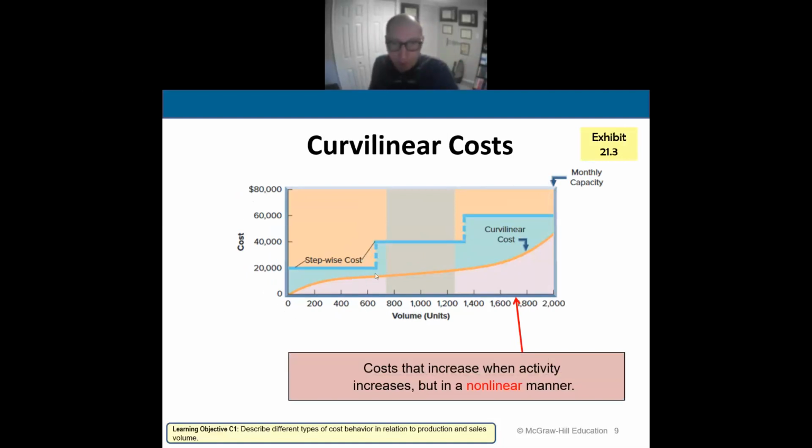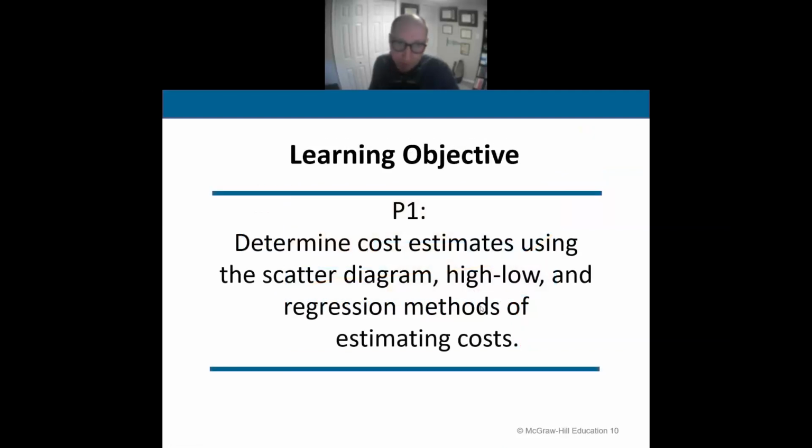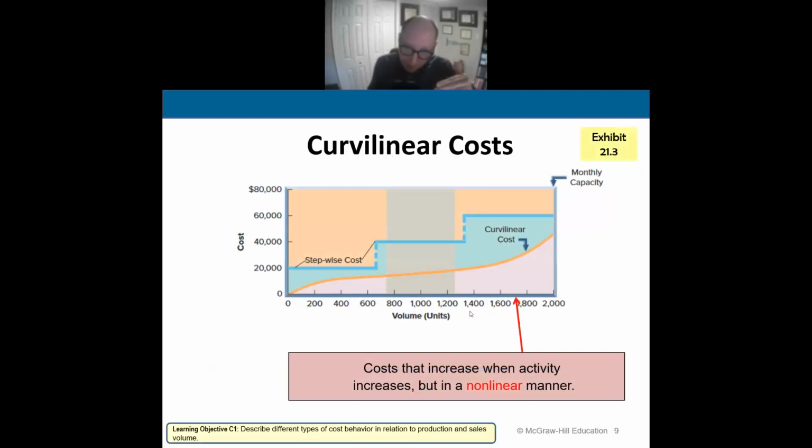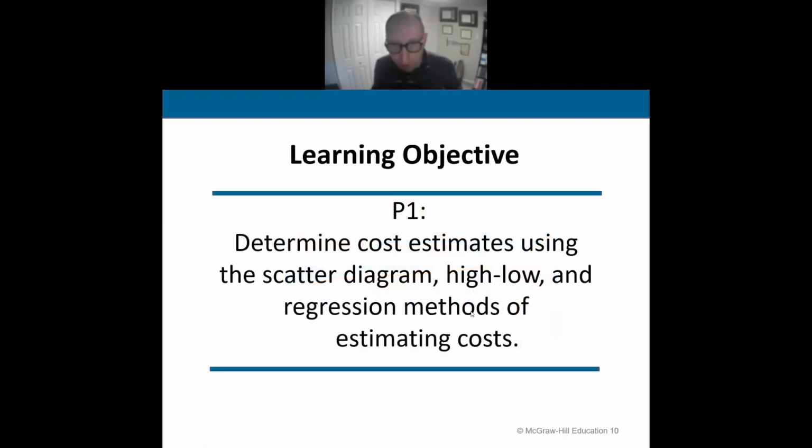With the curvilinear part, the costs increase when activity increases, but in what they call a nonlinear manner. It's like a wave, okay? Because it's based on the steps. It plateaus, it increases, it plateaus, it increases.